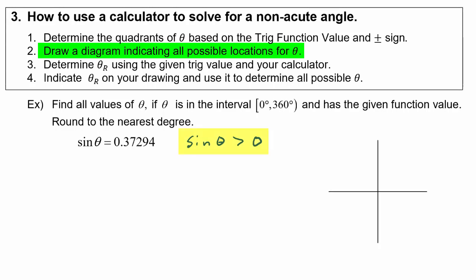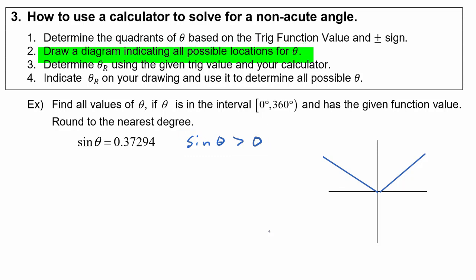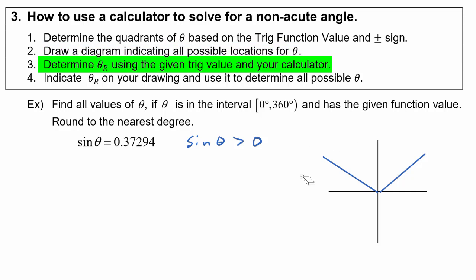Now we know when sine of theta is positive, that means theta could live in quadrant 1 or quadrant 2. So we know that there are 2 possible angles. Step 3, we will need to find the reference angle to figure out this second angle over here.